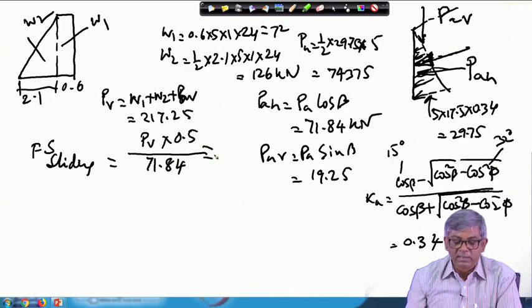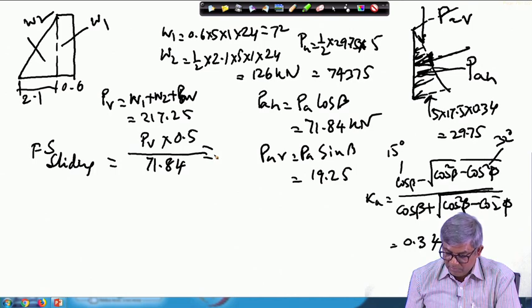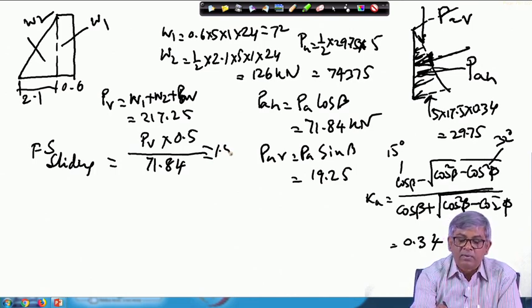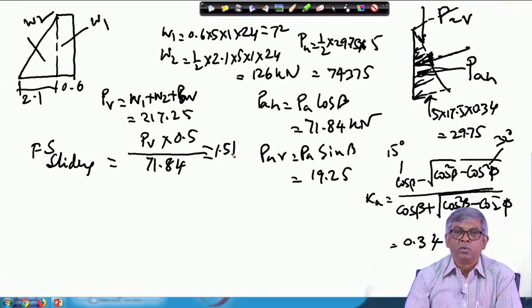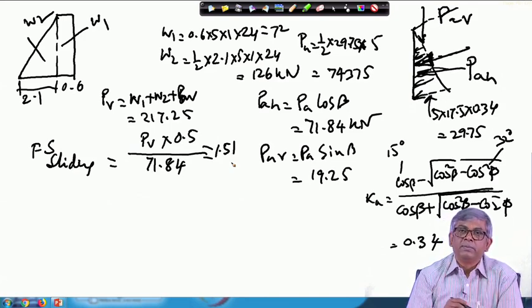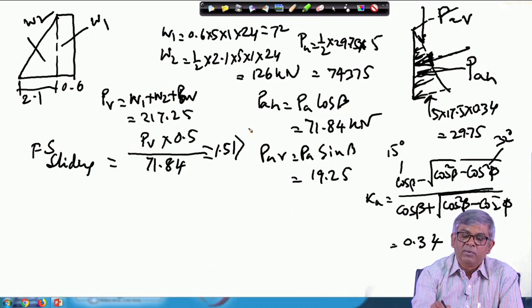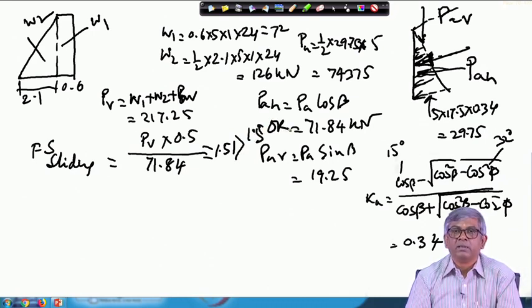So, if I calculate this, that gives you a value equal to 1.51. In the Indian code, the required factor of safety against sliding is generally 1.5, and you do not have to remember it. It is greater than 1.5, so against sliding it is okay.